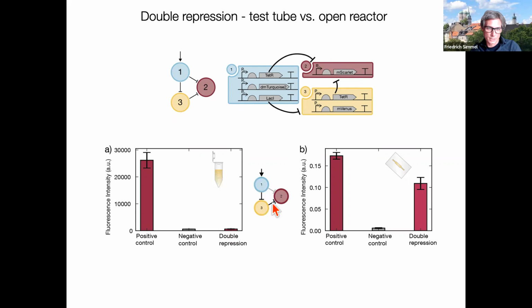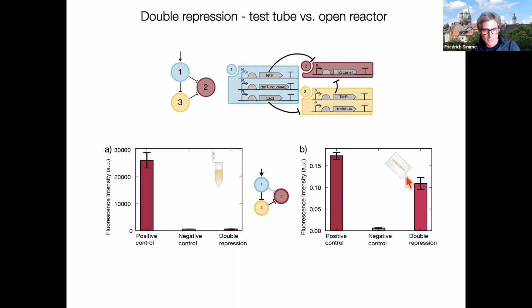This system only works when there is a functioning double repression, and this has to do with the fact that in the lifetime of a cell extract there is not enough time for it. First this protein has to repress this, and then this has to repress this, and then the concentration of that has to be reduced again. And this doesn't work in a closed reactor.